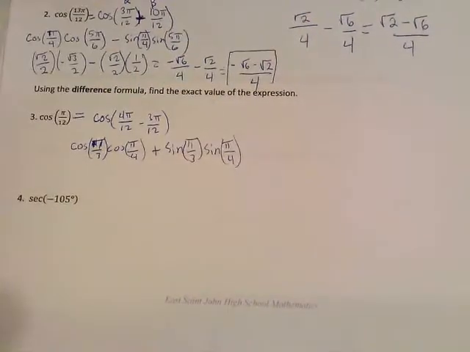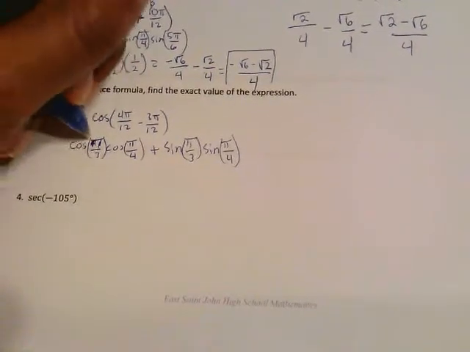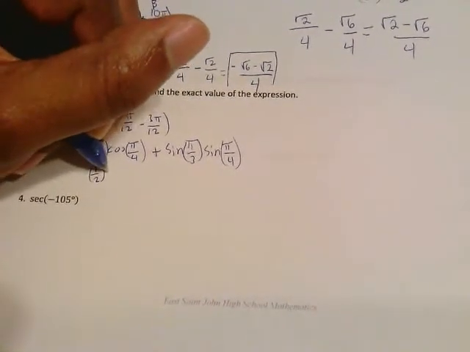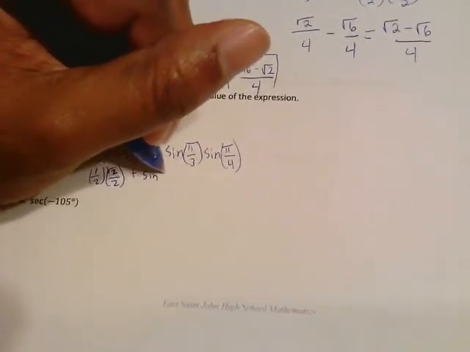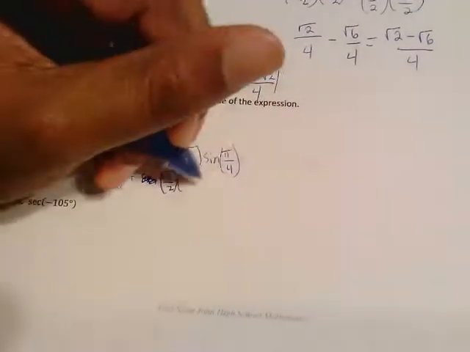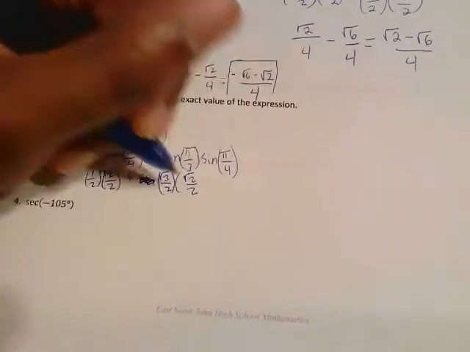And then we evaluate all of these. So cosine of pi over 3 is 1/2 times cosine of pi over 4, square root of 2 over 2, plus sine of pi over 3, square root of 3 over 2. It's just square root of 3 over 2 times square root of 2 over 2.